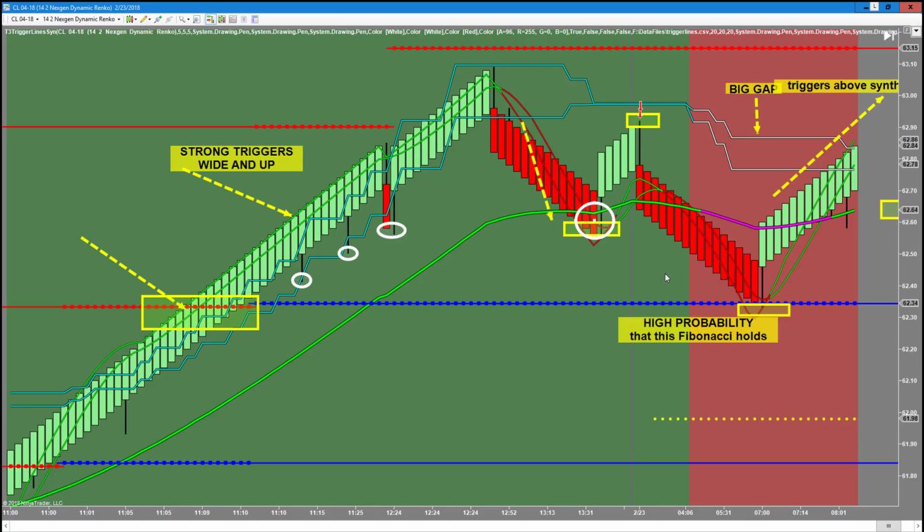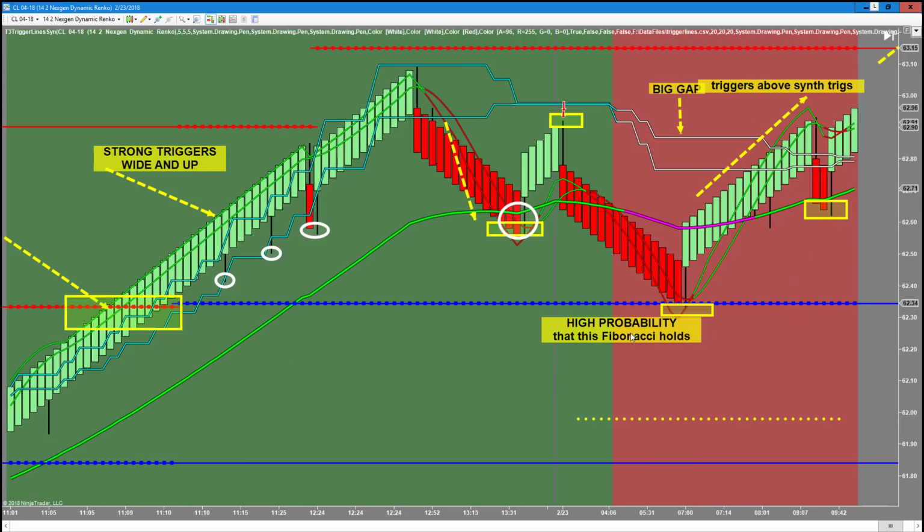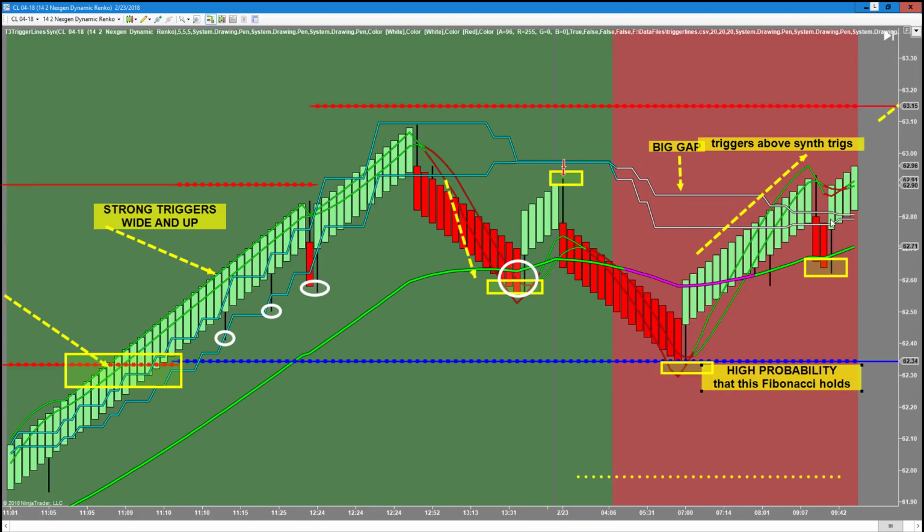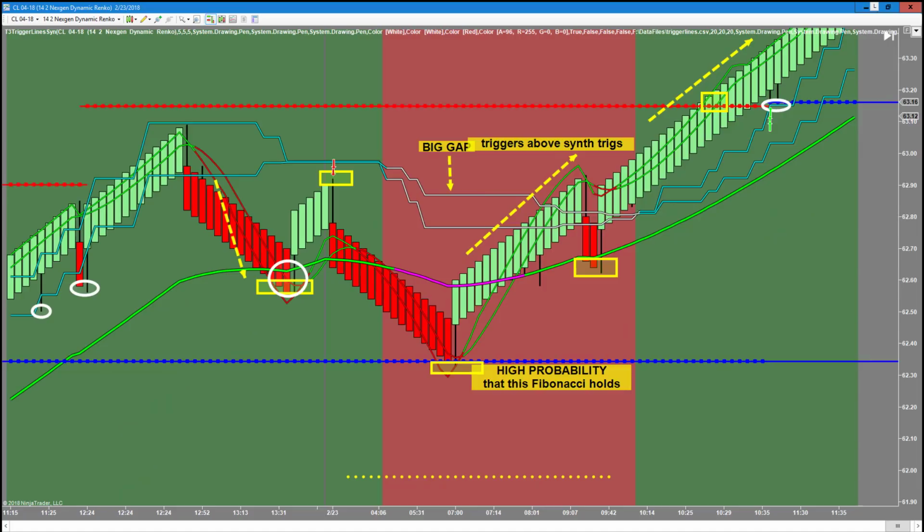Obviously, the bigger the gap, the bigger the bounce. And then when we use this same logic, as we're looking at either mid-bands holding or Fibonacci areas holding, location of triggers versus the triggers is important, and location of triggers versus our Fibonacci areas, as you've already seen, are very important.